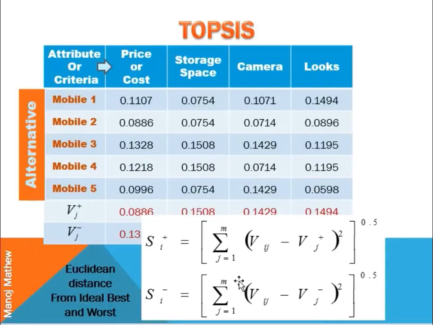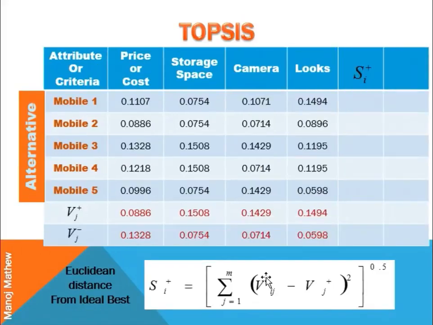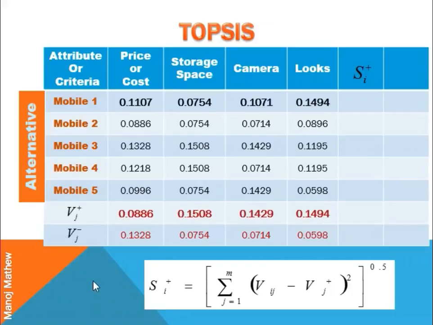This is the formula for calculating the Euclidean distance from the ideal best and ideal worst. This is the formula for calculating the Euclidean distance from the ideal best. So here I will show you how to calculate the Euclidean distance. First, I am calculating the Euclidean distance for the first alternative, that is mobile 1.